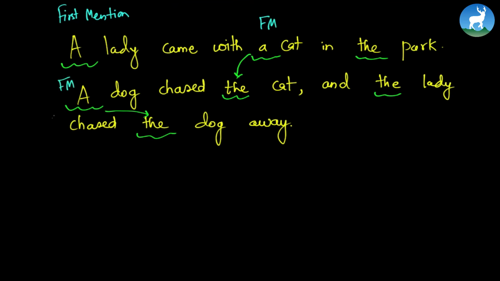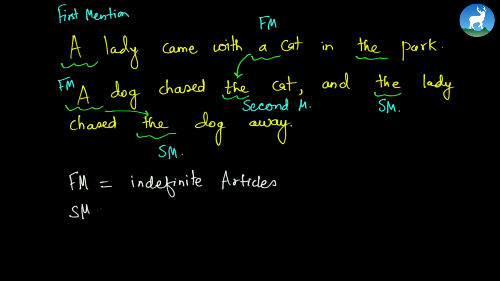First mention. For second mention, I'm writing SM. Now the whole idea of this is, in first mention we use indefinite articles, while in the second mention we use definite articles. So this is another trick for learning the knack of using articles.